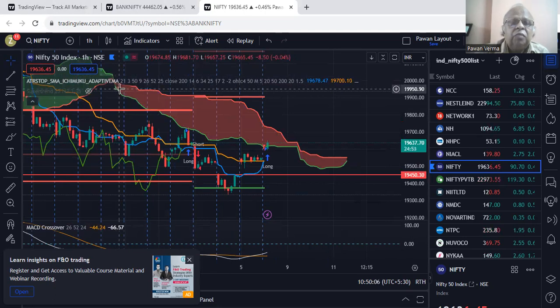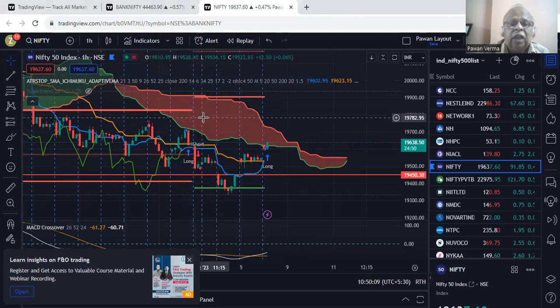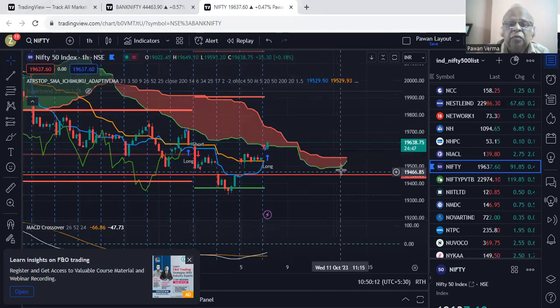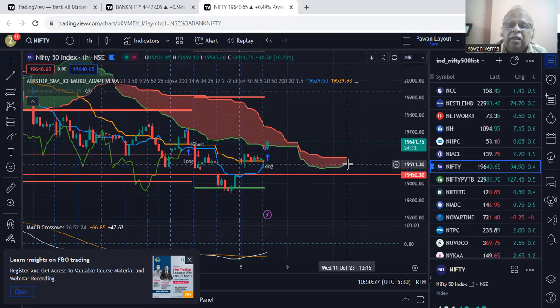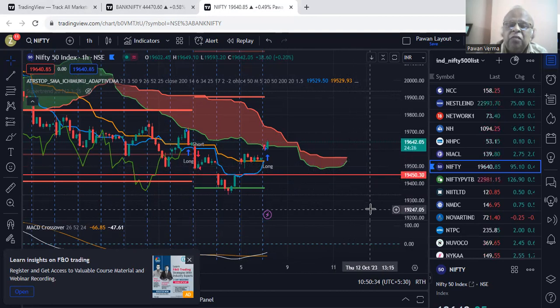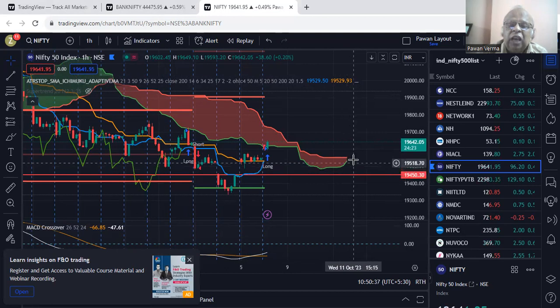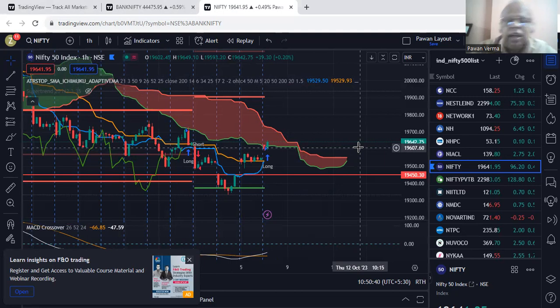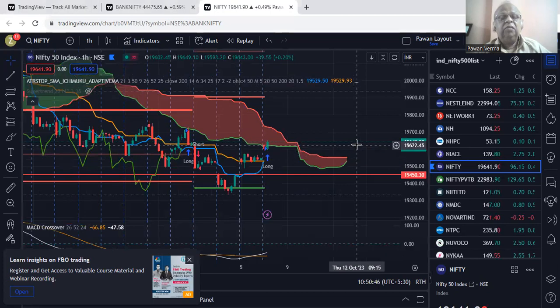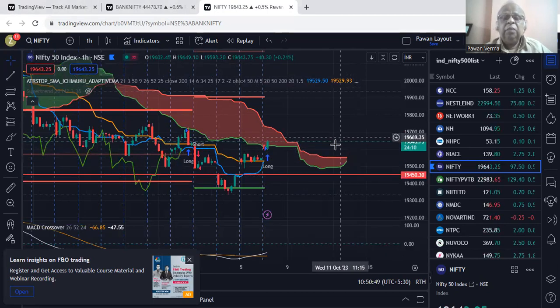First of all, what we are observing is that this is the red cloud and span A is moving upward, and in an hour or two the same will be accepted or rejected by the span B. Means either span A will move downward from span B, or span A will give a positive crossover and the generation of a green cloud will be observed.